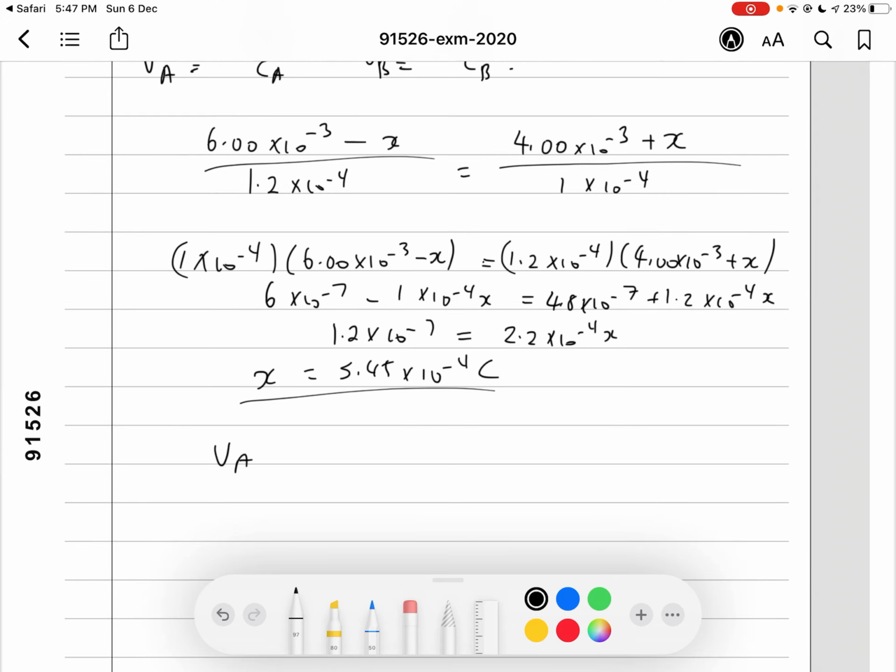If we want to find the equilibrium voltage, we can say VA equals 6.00 times 10 to the power negative 3 minus 5.45 times 10 to the power negative 4, all over the capacitance. Sorry, oops.